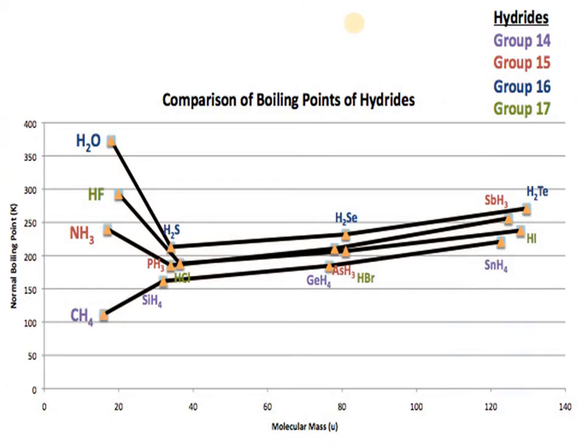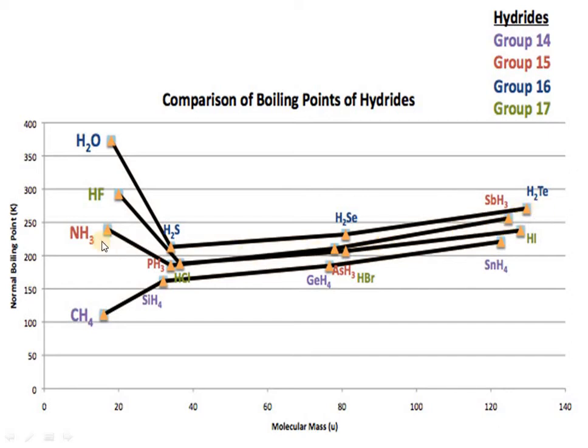Okay, so now let us discuss the boiling points. If you see the group 15 hydrides only, a comparison is given between groups 14, 15, 16 and 17. So let us see here ammonia, phosphine, arsine and stibine.